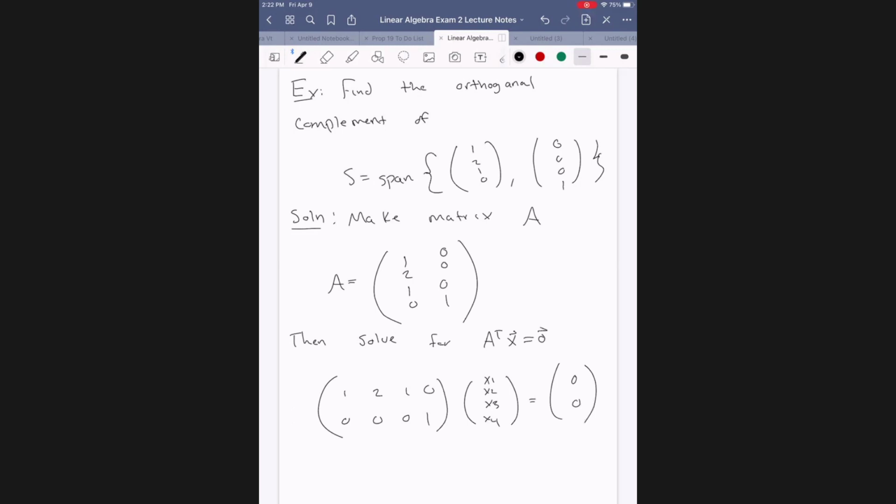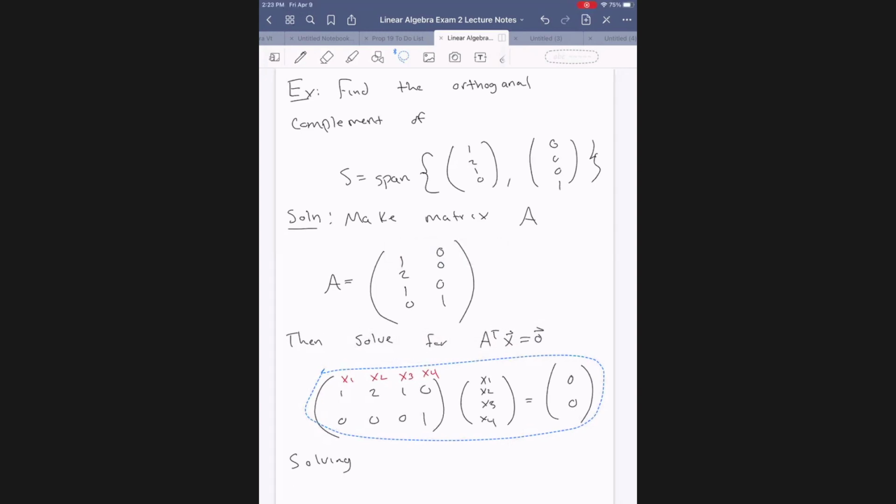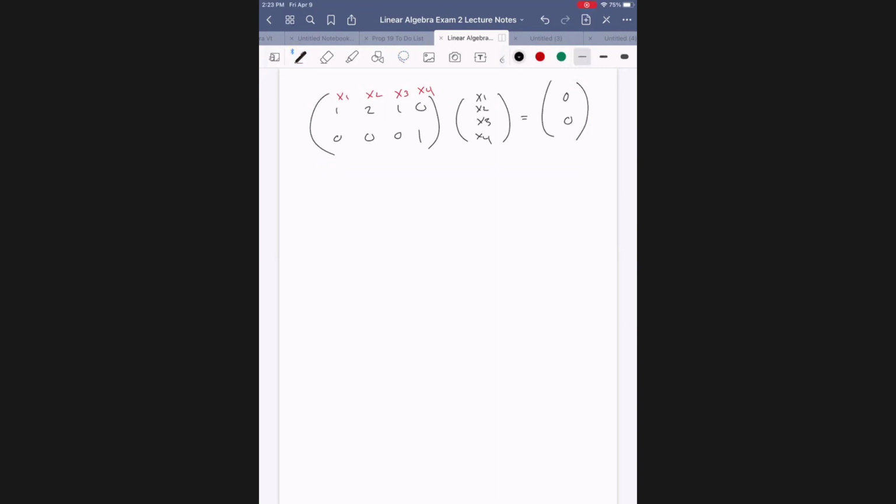If you solve for this, we get x1 equal to minus 2x2 minus x3, and x4 equal to 0.